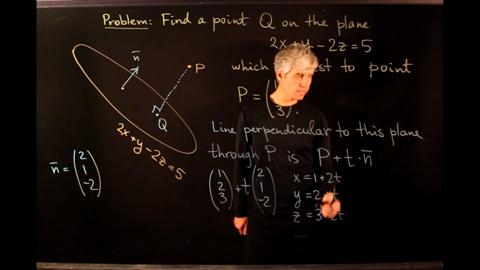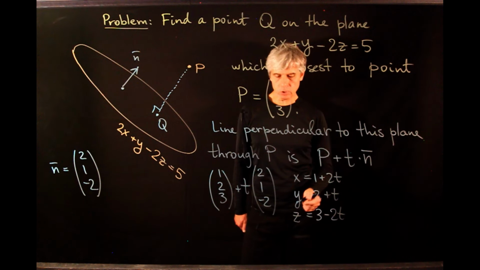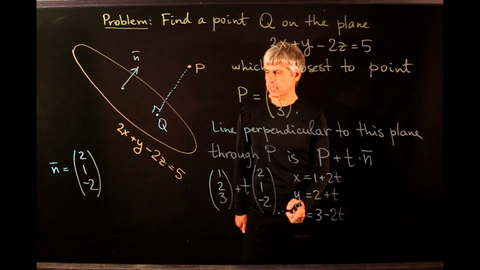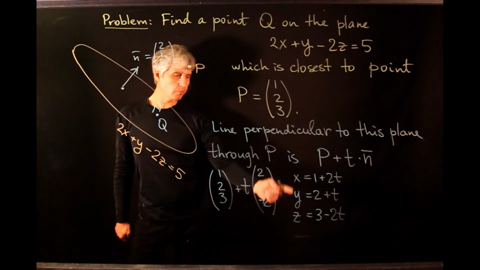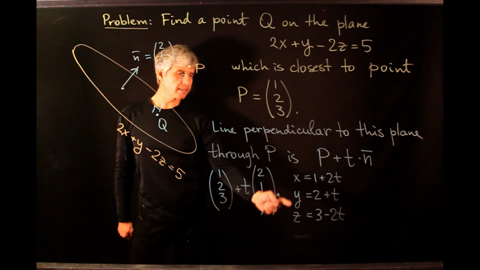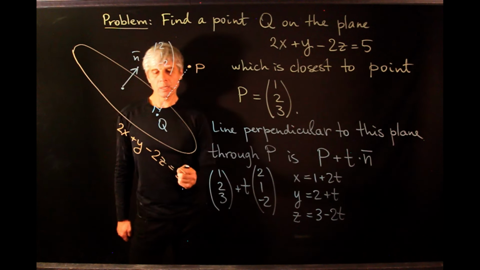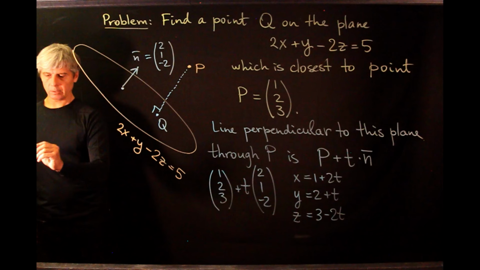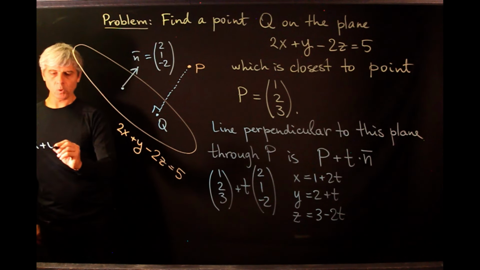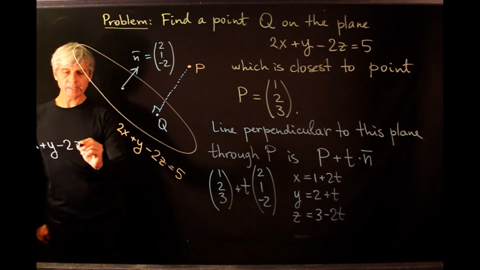So now we need to find the value of t for which these x, y, and z will satisfy this equation. So what we do is we just substitute x, y, z from the equation of this line into the equation of the plane. And what we get is 2x plus y minus 2z.